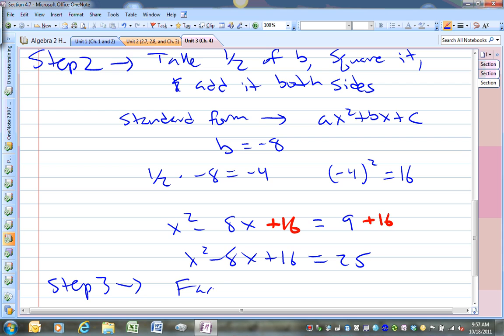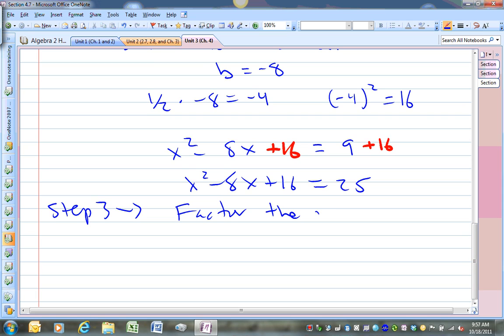You want to factor the new trinomial and solve by square rooting both sides.